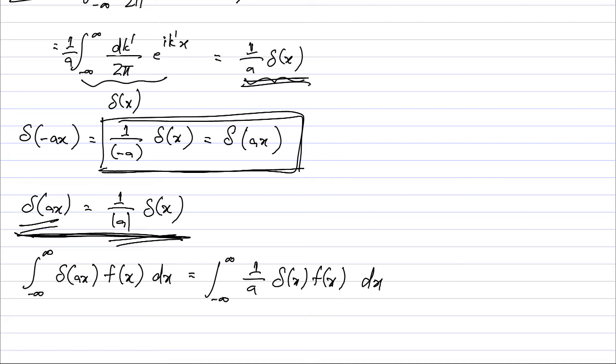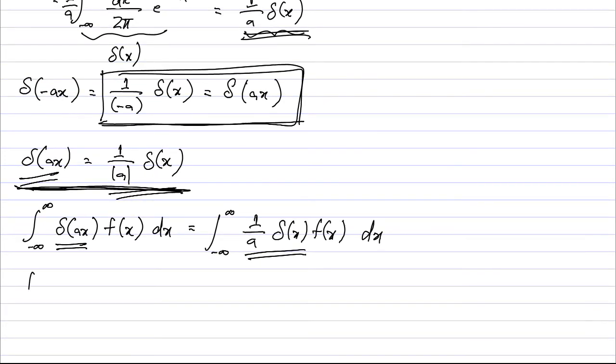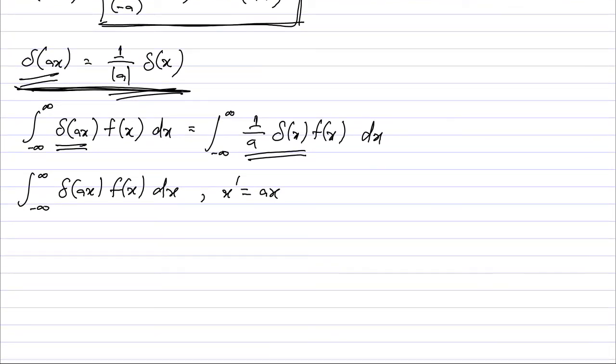This is what this identity actually means in practice: the delta function occurs under an integral sign, and you can replace this delta function with this delta function within the integral sign for any arbitrary function f of x. Let's see if this is the case. For the left hand side, I can manipulate it as follows. I can do a variable substitution. Essentially the key to proving all of these is to do some smart variable substitutions.